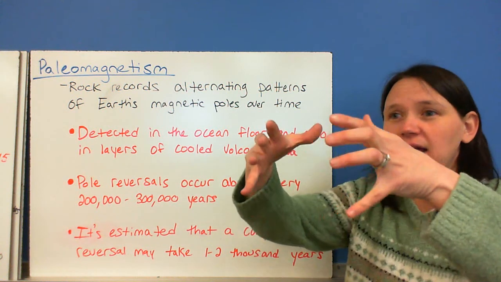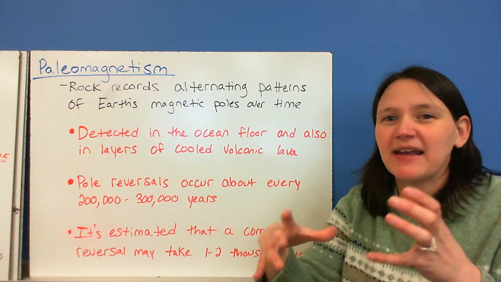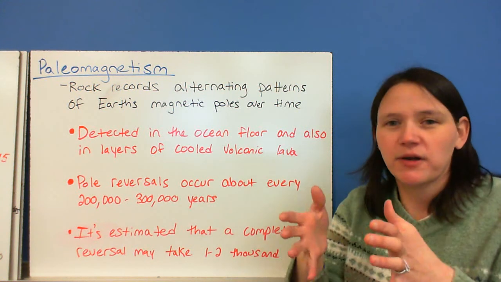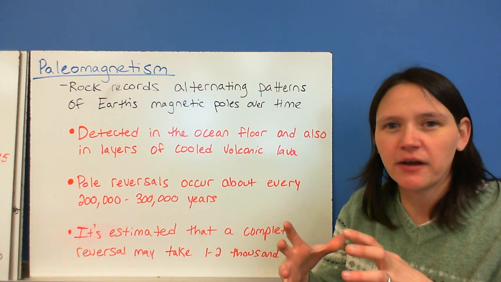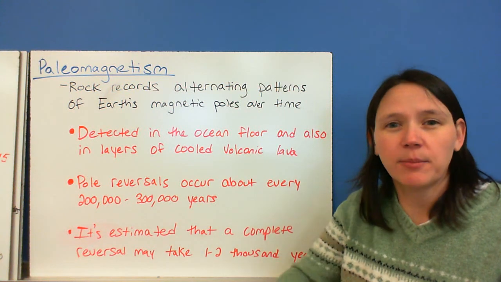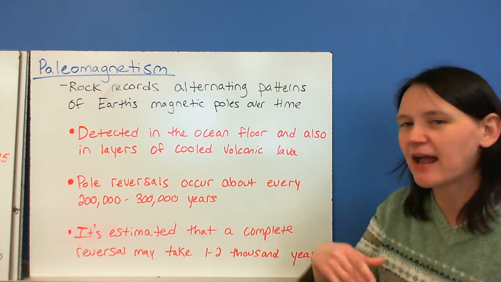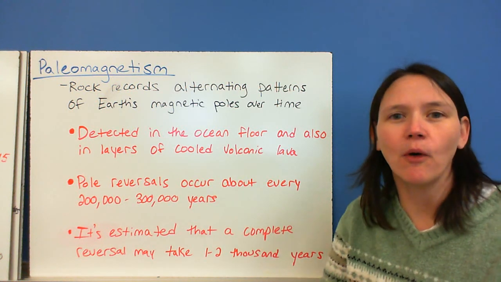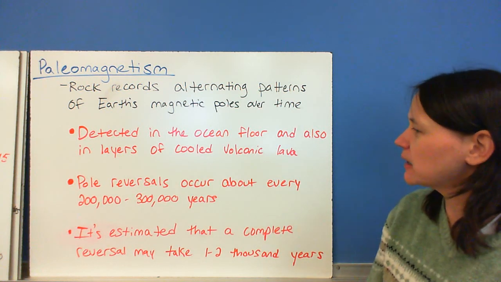So you've got, again, that lava that's brand new rock, and it's just starting to solidify, and as it does, it orients itself with north, just like the needle of a compass, and then it solidifies. Well, then you have another volcanic eruption, because volcanoes erupt several times throughout their life, and at different times the north and south pole have flip-flopped, and we can see that in those layers of volcanic rock.